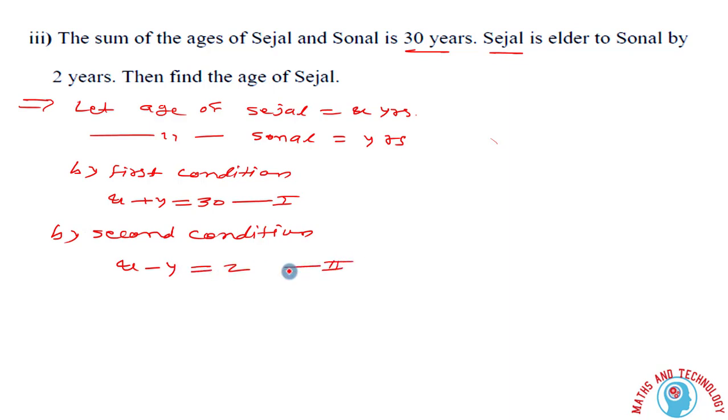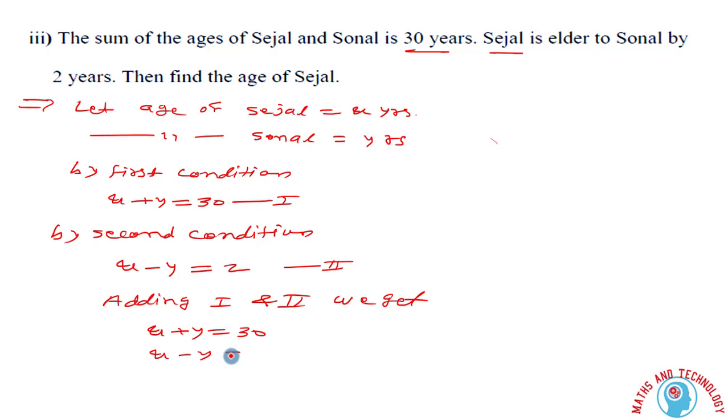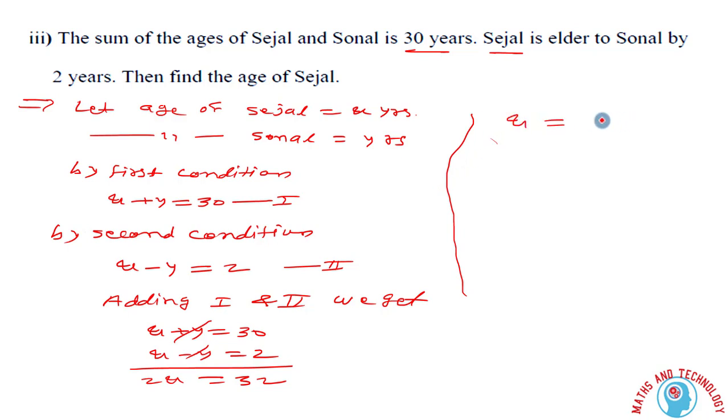Equation 2. Adding 1 and 2, we get, x plus y equal to 30 and x minus y equal to 2. x plus x, 2x, y gets cancelled, 30 plus 2 that is 32, 2x equal to 32, so x equal to 32 by 2, that is x equal to 16.